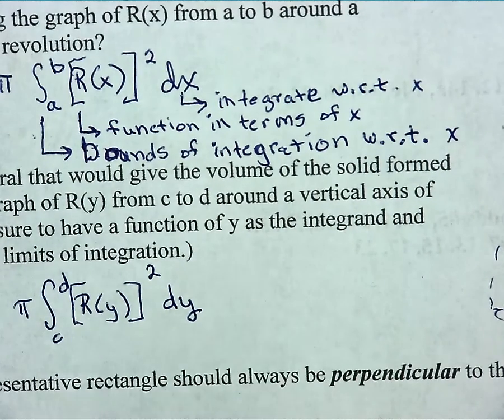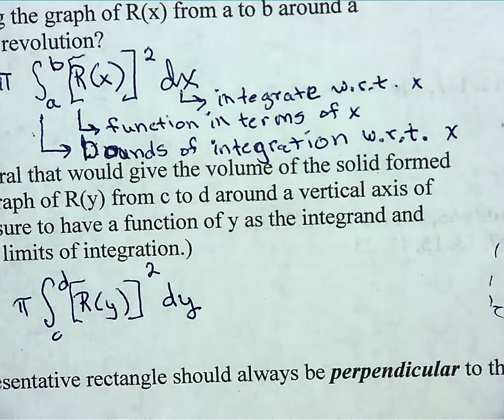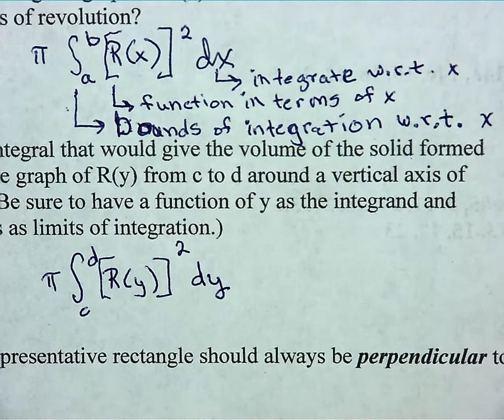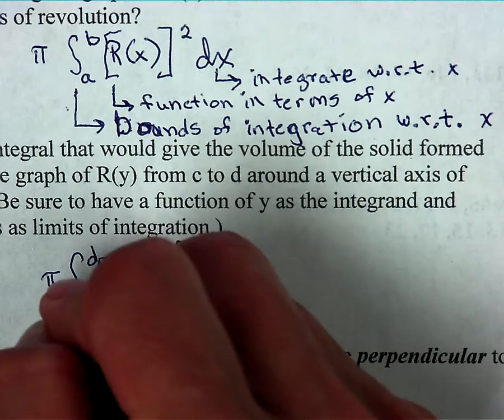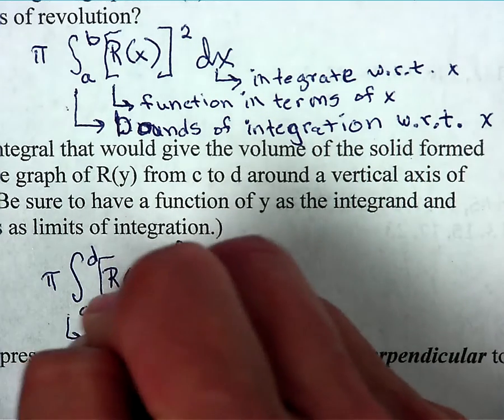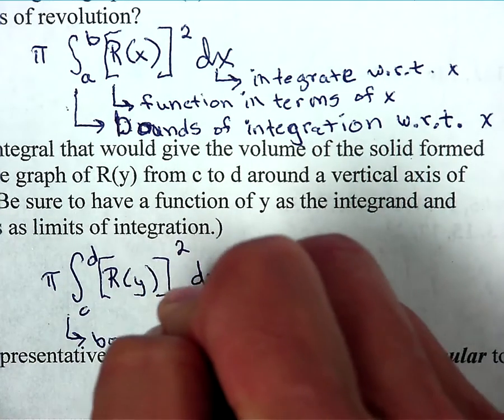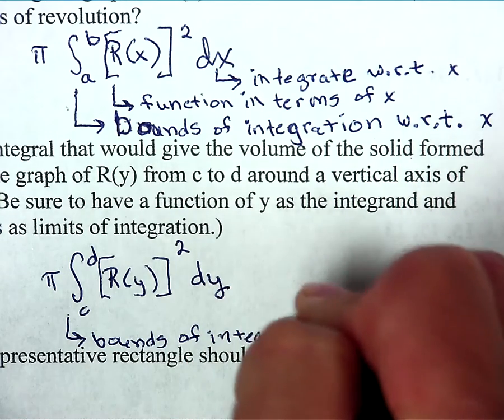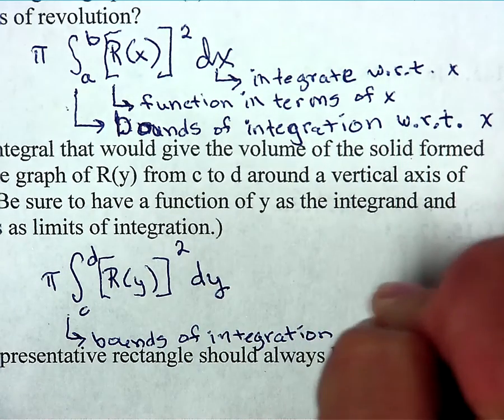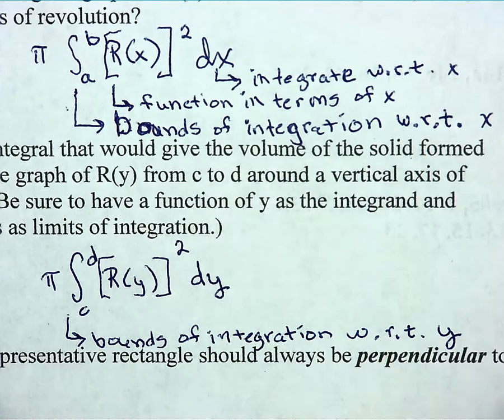So you can write the same thing in terms of y for that second integral. If we're integrating around a vertical axis, then my bounds of integration have to be with respect to y.